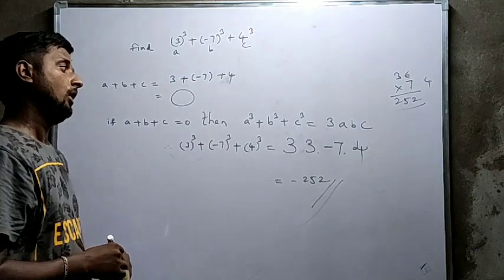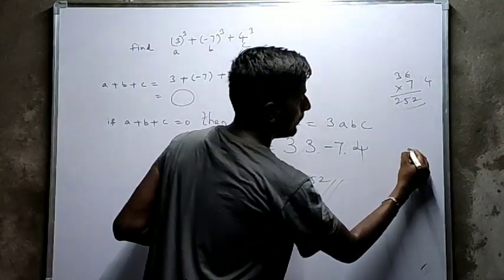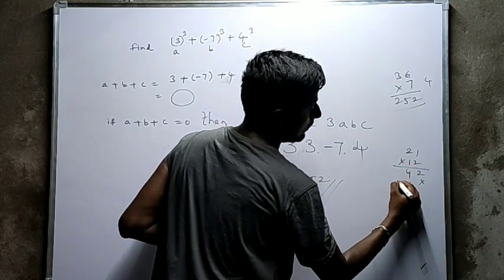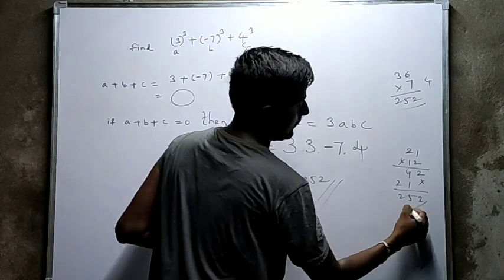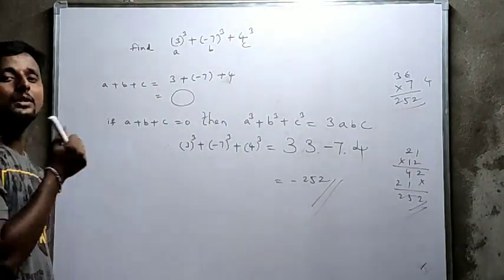Let's check in both methods. Again 252. That's it, minus 252 is the answer. In this method we can solve many problems.